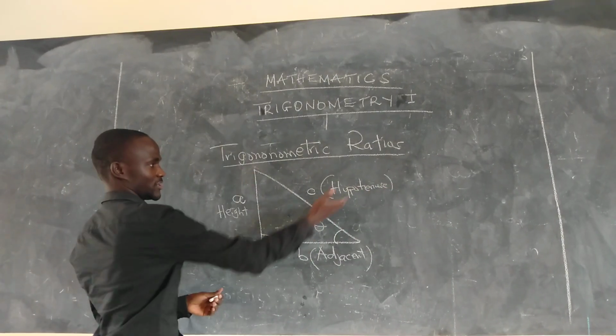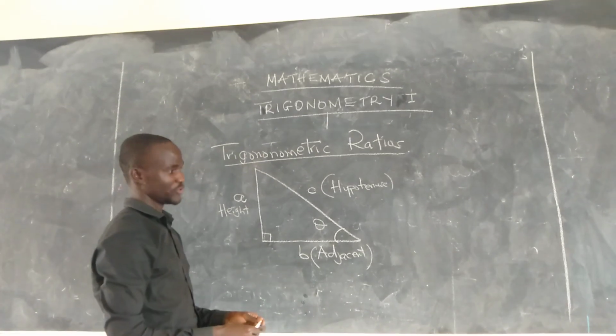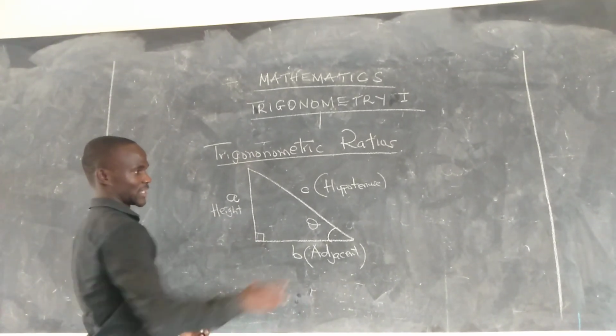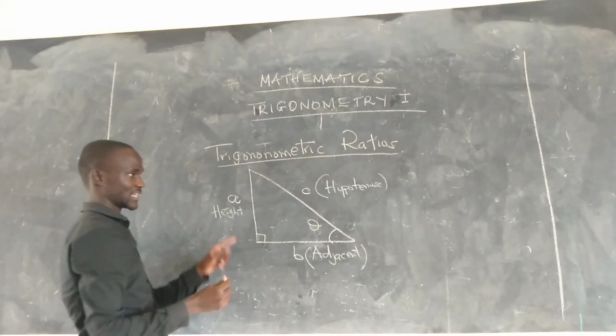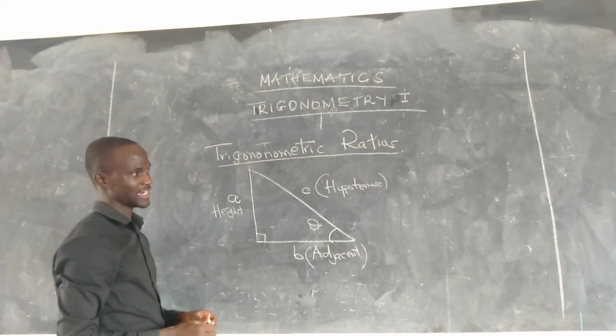You remember this hypotenuse from the previous topic of Pythagoras theorem. Then we will use this right angle triangle and this hypotenuse, adjacent, and height in dealing with these trigonometric ratios.